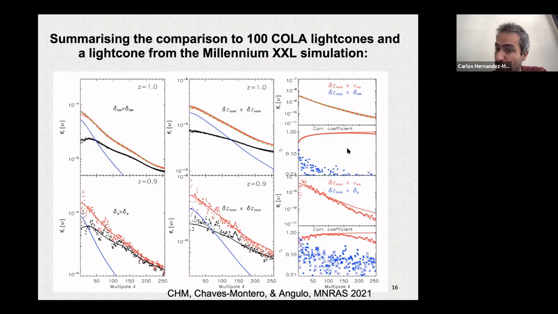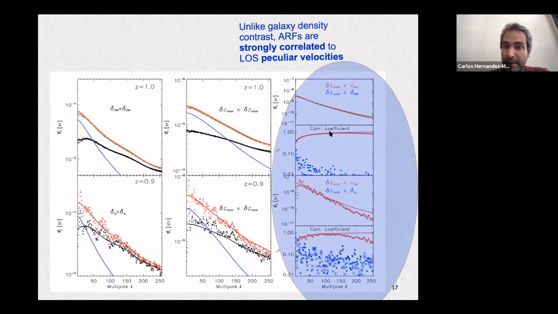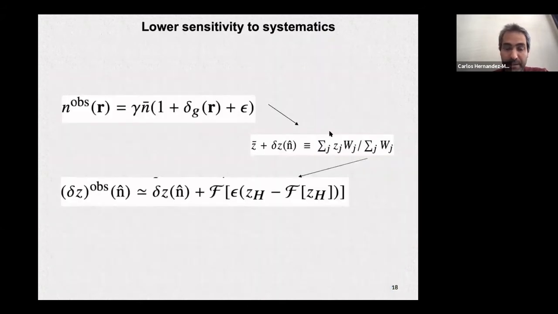It's close to 1 for a wide range of angular scales. Also, the correlation between the angular redshift fluctuations and the angular density fluctuations is very small. It's compatible with 0, as you see here. Okay. So ADF and ARF are uncorrelated for narrow shells, but angular redshift fluctuations are highly correlated to line of sight velocities. This is what I want to emphasize.